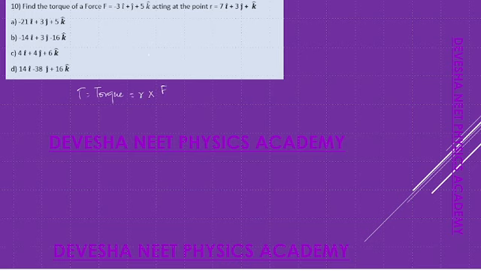What is the radius here, or the point at which this is happening? It is 7i plus 3j plus k, cross F. F is minus 3i plus j plus 5k.